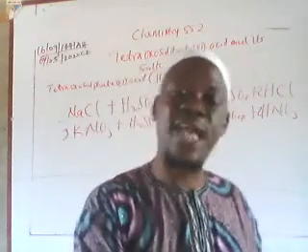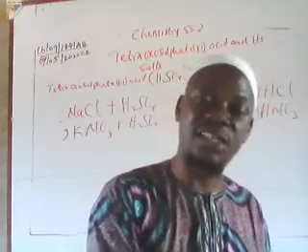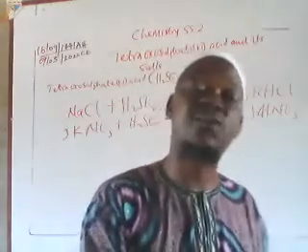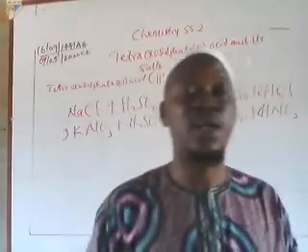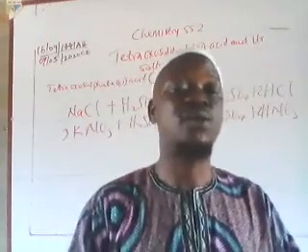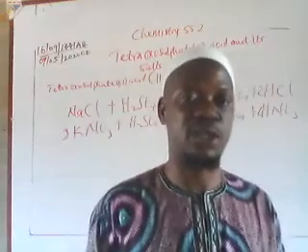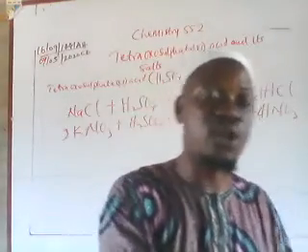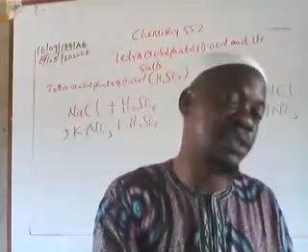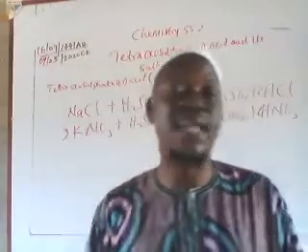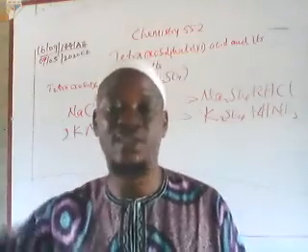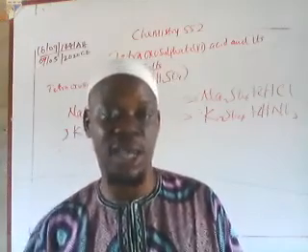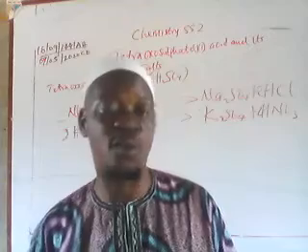As for lead tetraoxosulfate 6 and barium tetraoxosulfate 6, they are prepared by double decomposition. That is, a soluble salt of lead, like lead 2 trioxonitrate 5, is reacted with a soluble salt of tetraoxosulfate 6 to get lead tetraoxosulfate 6 in insoluble form.